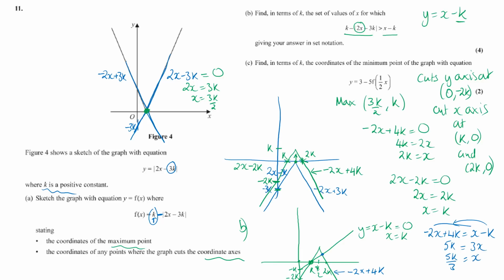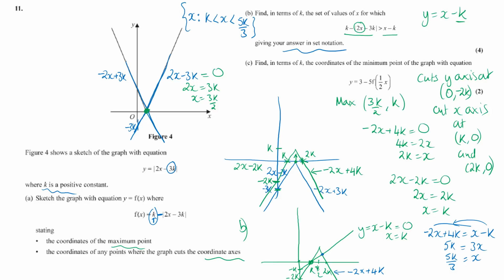So 5k over 3 is equal to x. Now it's asking for it in set notation, so it's going to be our curly brackets for set notation, x such that x has to be greater than k but less than 5k over 3. So that will be our set notation.